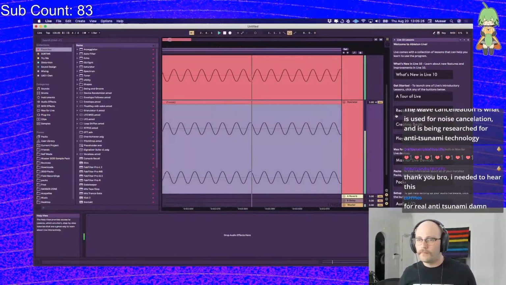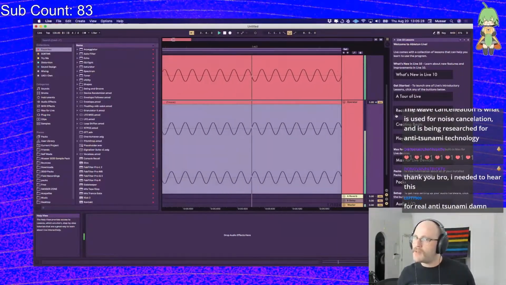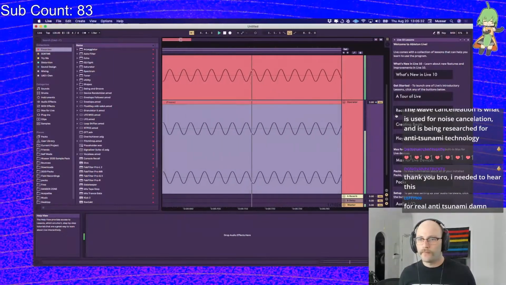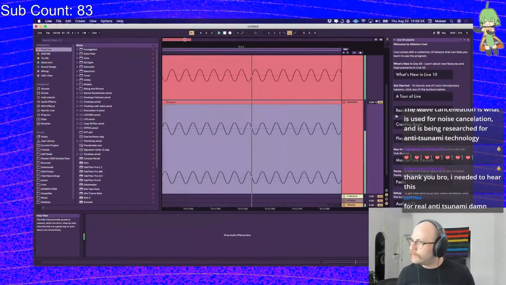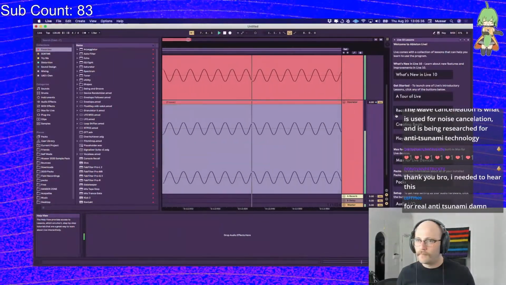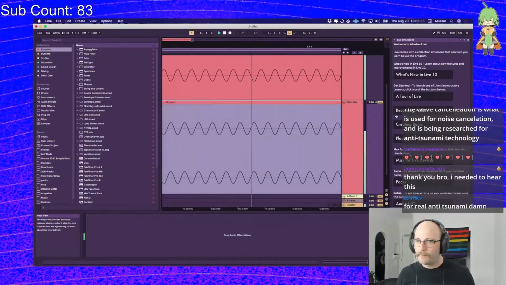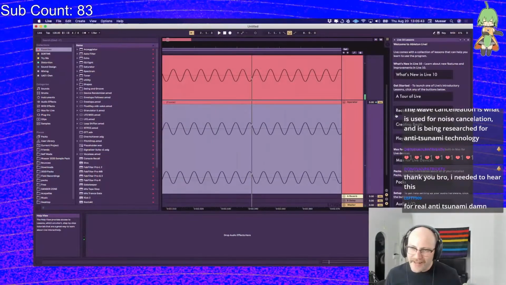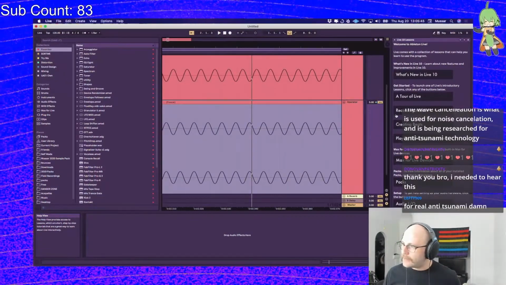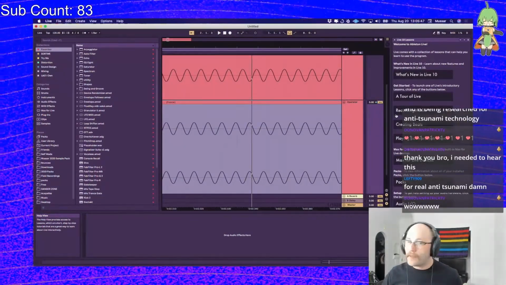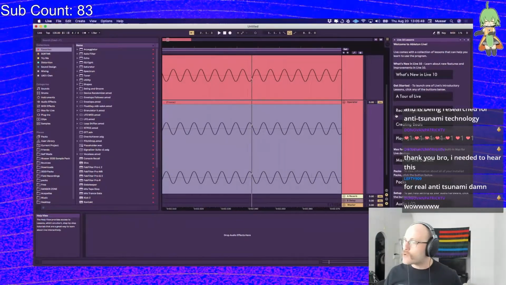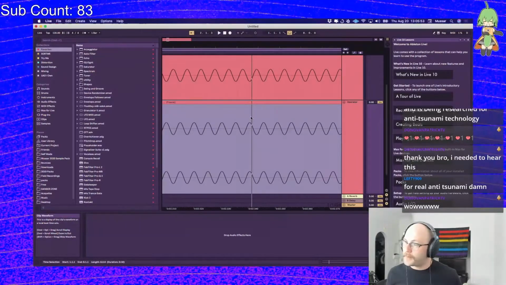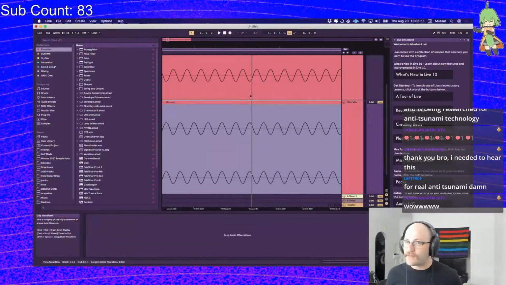Now, 1 millisecond, we already have sound. Getting louder. At 5, it's not exactly silent, but you can hear how it grows and shrinks based on the phase relationship of the two waves.